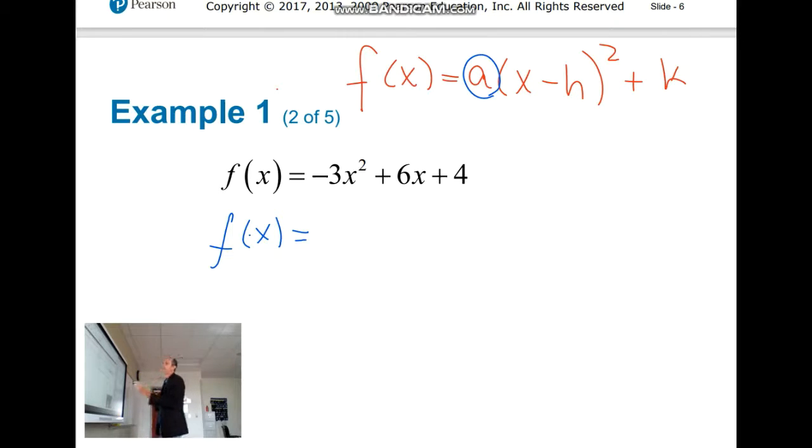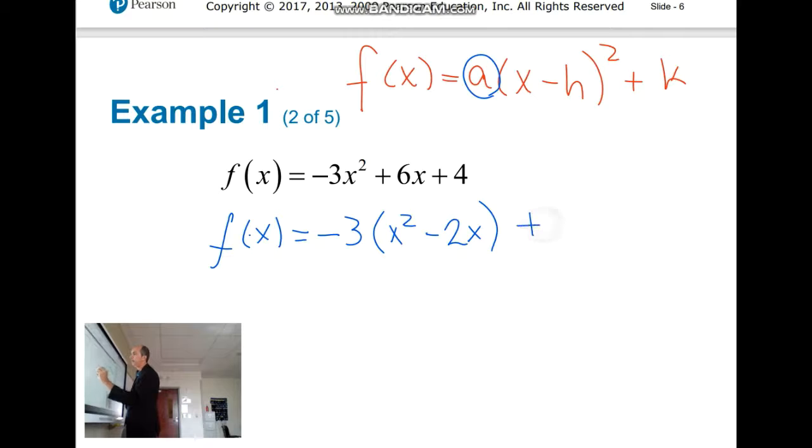We can factor this out. Negative 3 times x squared minus 2x, because negative 3 times negative 2x is positive 6x, plus 4.